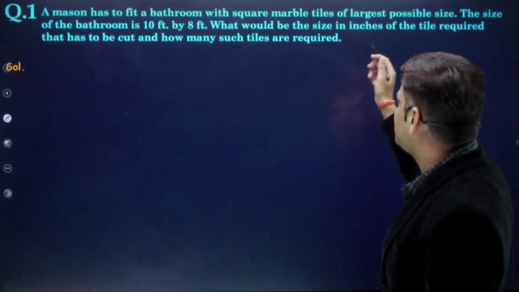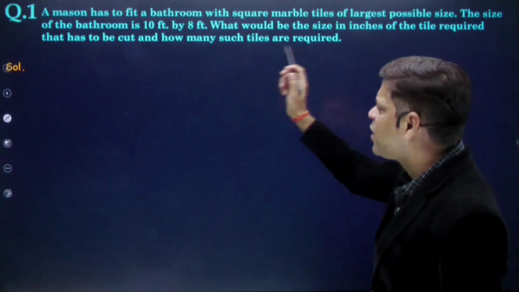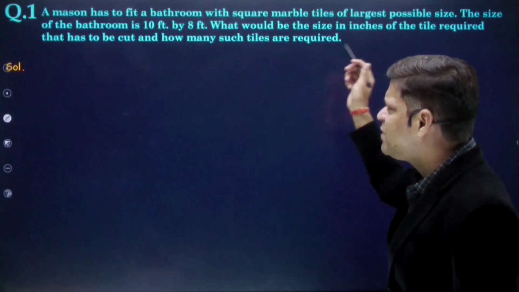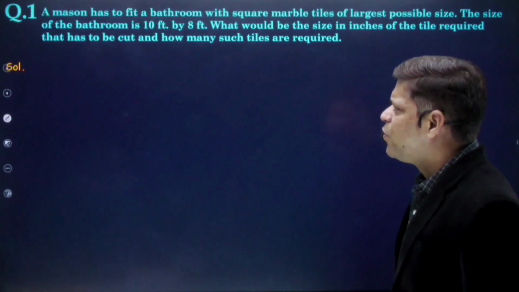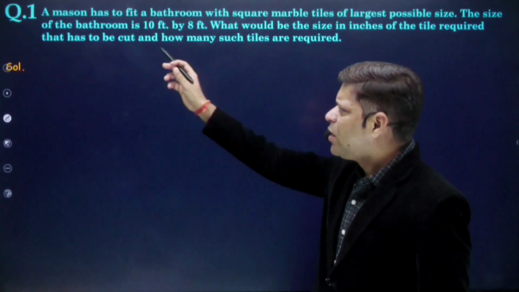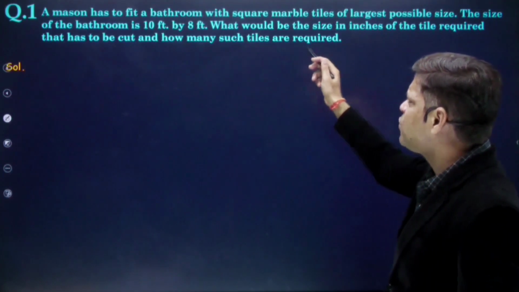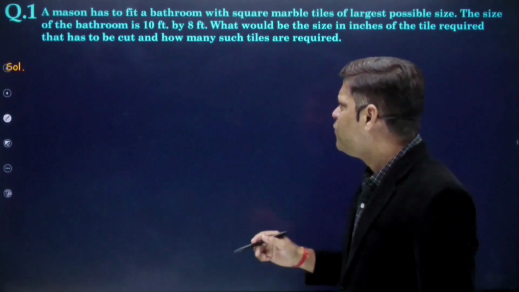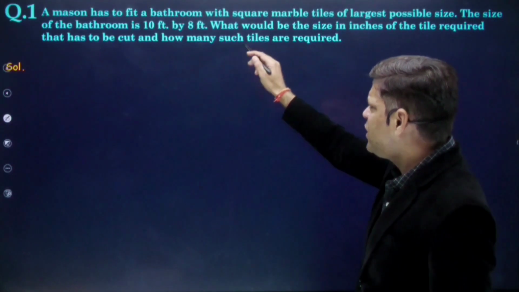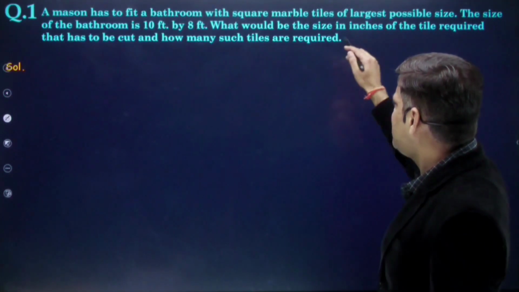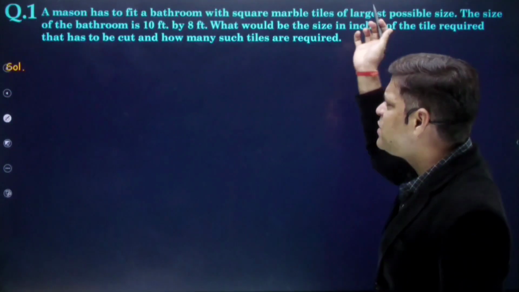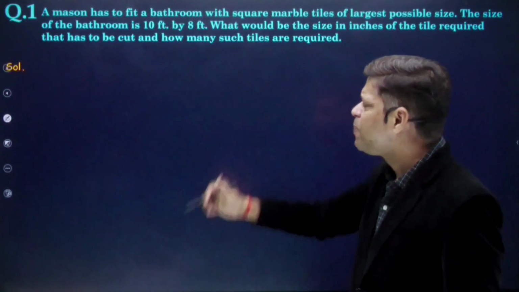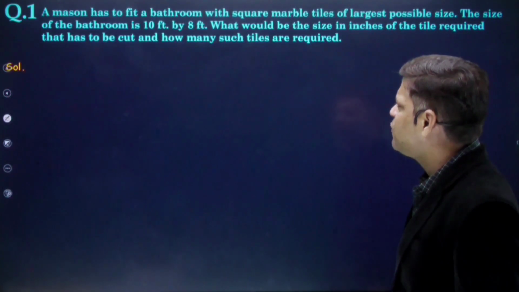What would be the size in inches of the tile required that has to be cut, and how many such tiles are required? So here Amazon has to fit the bathroom with square marble tiles of the largest possible size, and the bathroom size given is 10 feet by 8 feet.